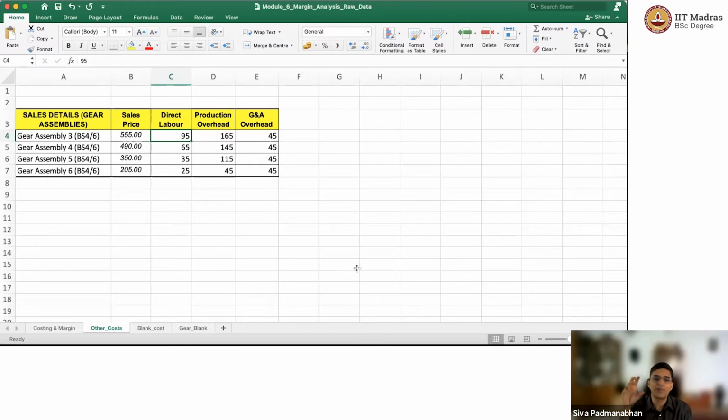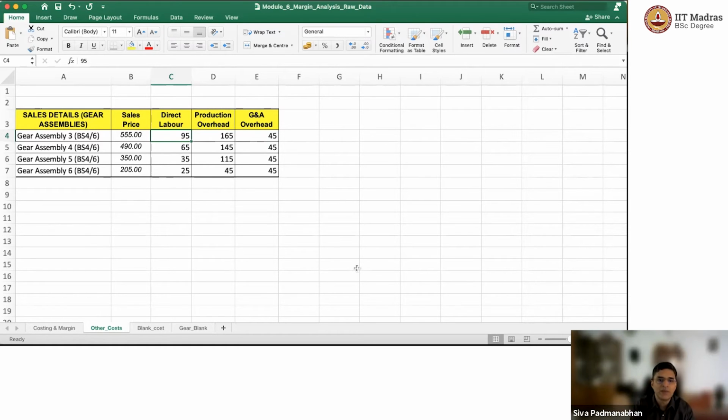All those things form production overheads. Those are all the costs that are occurring in the factory but cannot be directly connected to one product. We collect all those costs together and then we apportion that. Apportion means divide it in some way so that it is allocated to all the different products. So that's called production overhead.